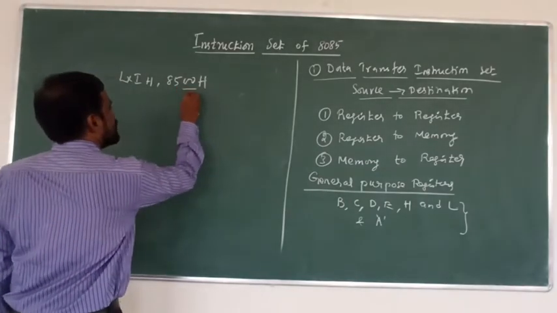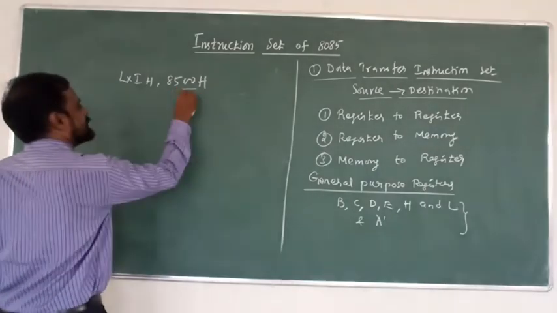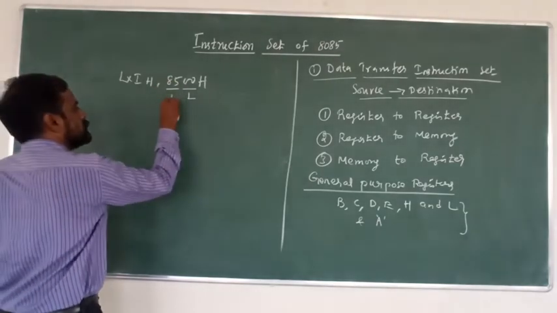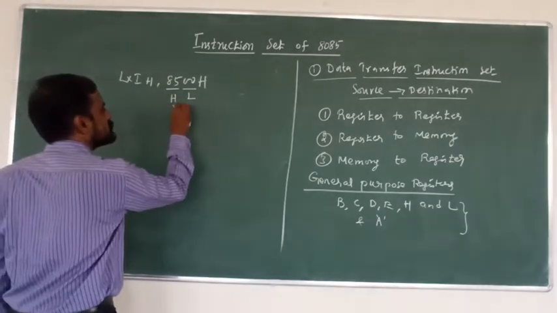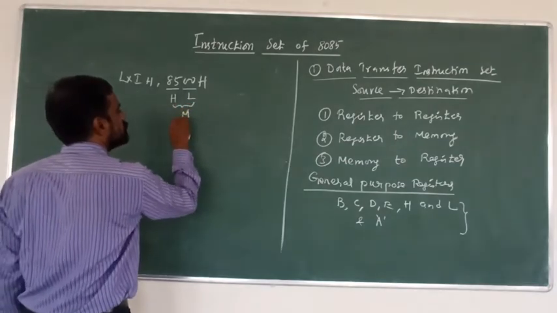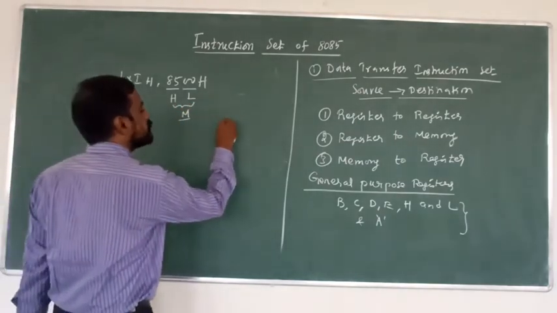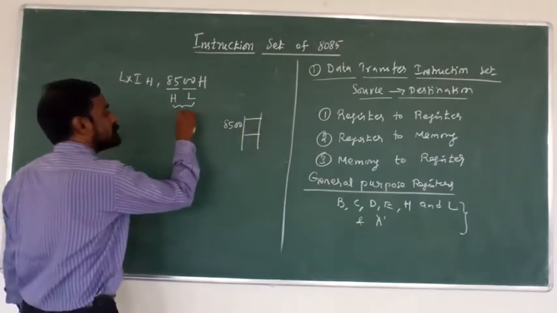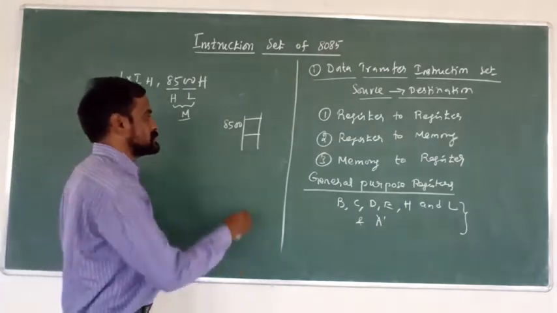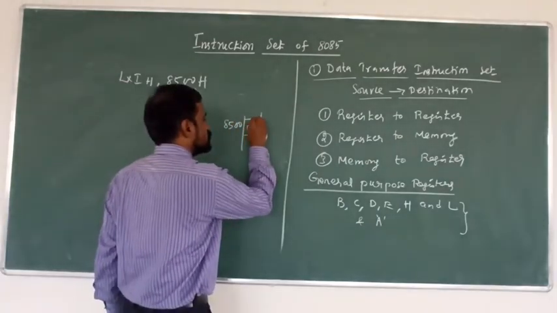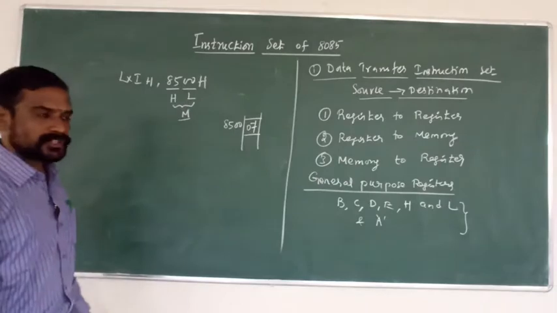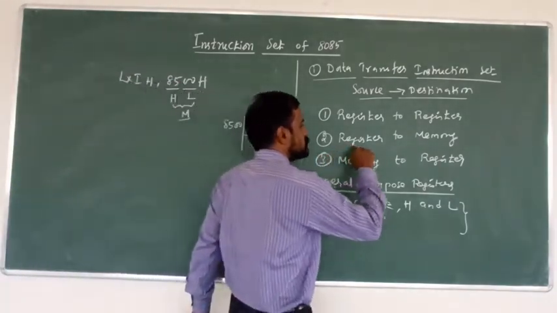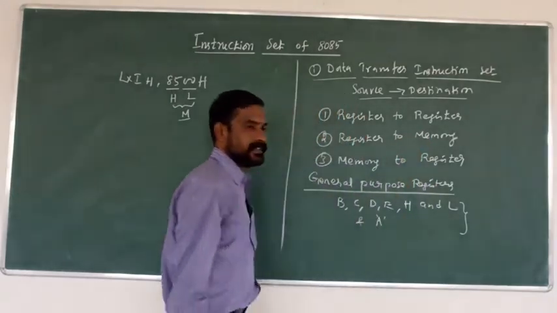The LSB data goes in the L register and the MSB data in the H register. These two represent the memory. Now 8500 is the memory address location. In this address location there is 07 data.